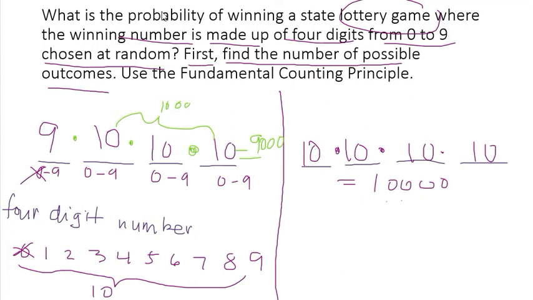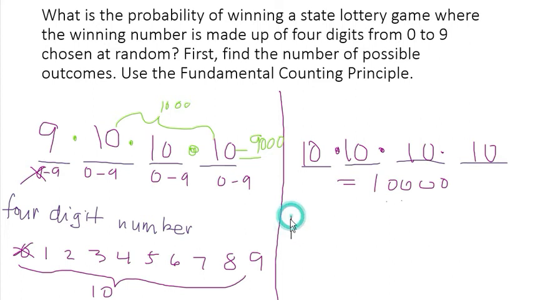So if you want to find the probability, okay, we need now to find the probability. So remember, to find the probability of a certain event, we will just write probability of the event of winning. So there's 10,000 possible, so 1 out of 10,000.